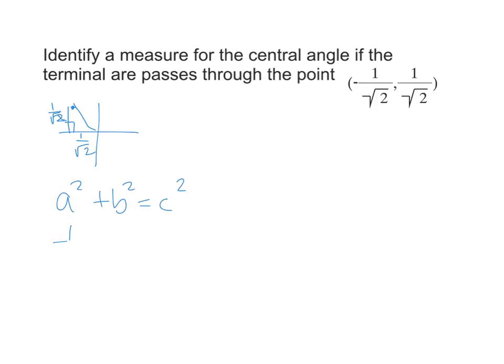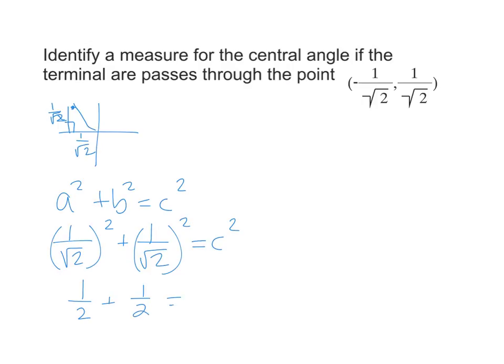So we're going to go 1 over root 2 squared plus 1 over root 2 squared equals c squared. So 1 over root 2 squared is 1 over 2, right? So what's c equal to? C is equal to 1.